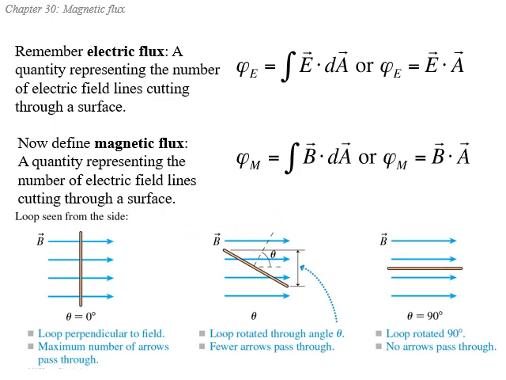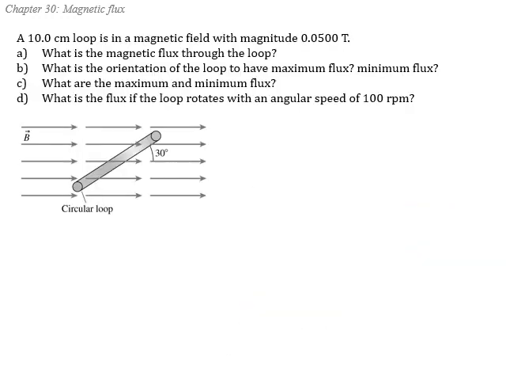And then last, you have the fewest lines if your magnetic field lines are exactly perpendicular to the loop. In this case, the flux is B times A times cosine 90 equals 0. So when it's perpendicular, we don't get any lines cut through at all. Hopefully this is really familiar from when we talked about electric field lines because it follows the same sort of thing. Okay, let's do a flux example.